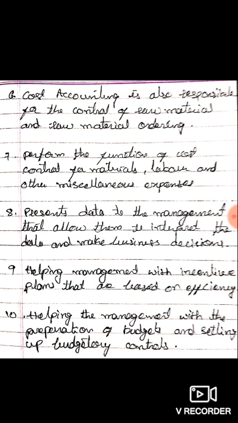And the next function is helping the management with the preparation of budgets and setting up budgetary controls. Here in cost accounting, budgets are prepared and the plans are executed according to the predetermined goals of the company. So these are the functions of cost accounting.